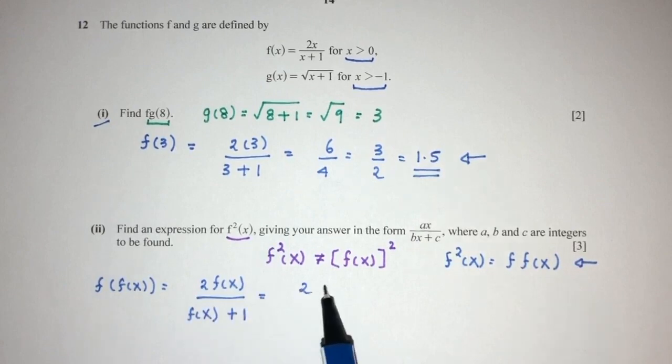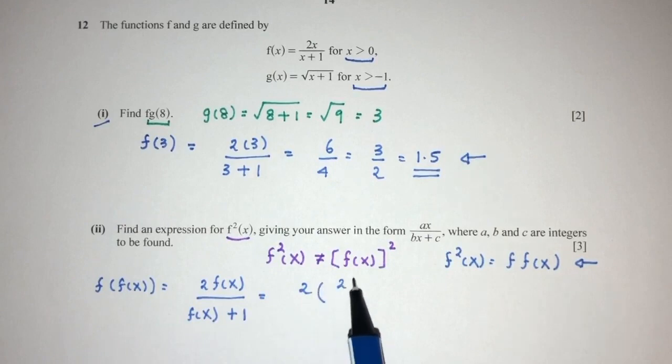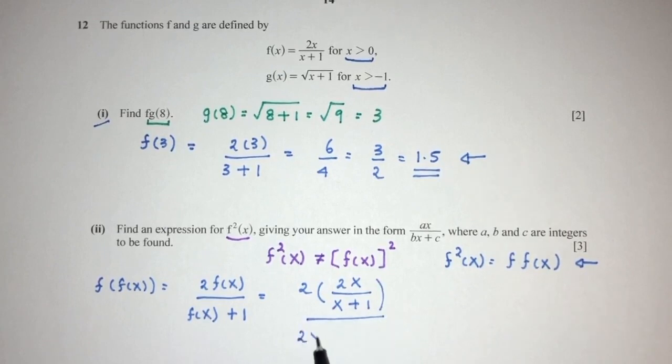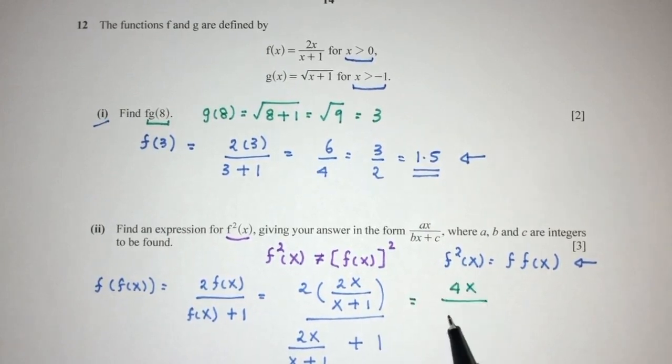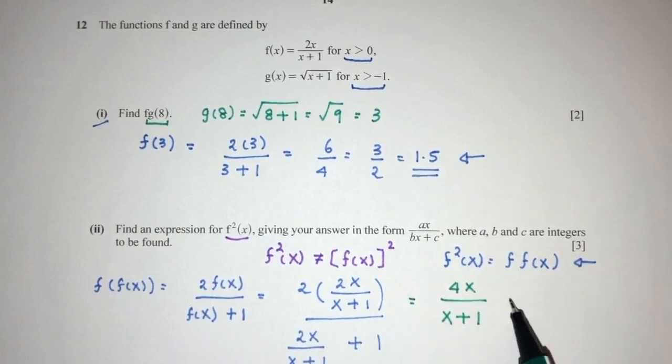Replace: 2 times f of x will be 2x over x plus 1, then over 2x over x plus 1 plus 1. So now we have to simplify this fraction. On top you will have 4x over x plus 1. Let's first simplify the bottom to make it easier for you.